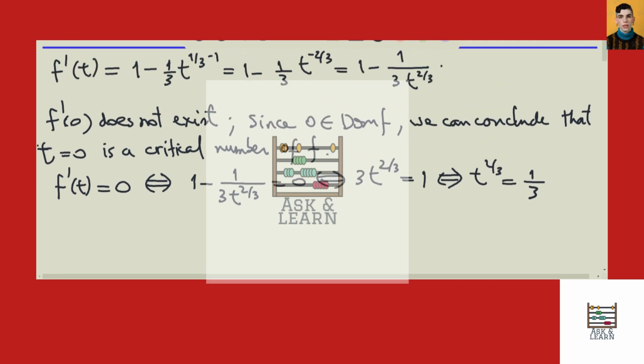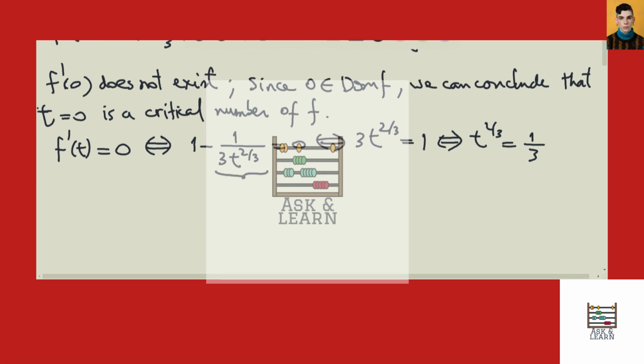In fact, we've got to consider t different from 0 all the way through these equivalences in order to write this expression like this. We know this is the case because t equals 0 was already treated separately above, where we said there is no derivative there, and the point being in the domain, we know that t equals 0 is a critical number of f.